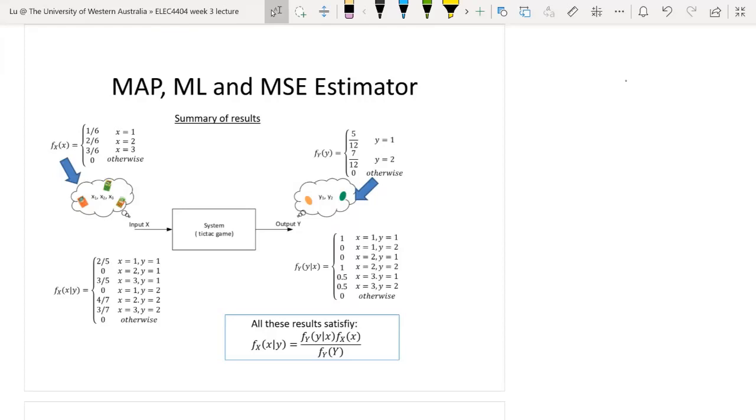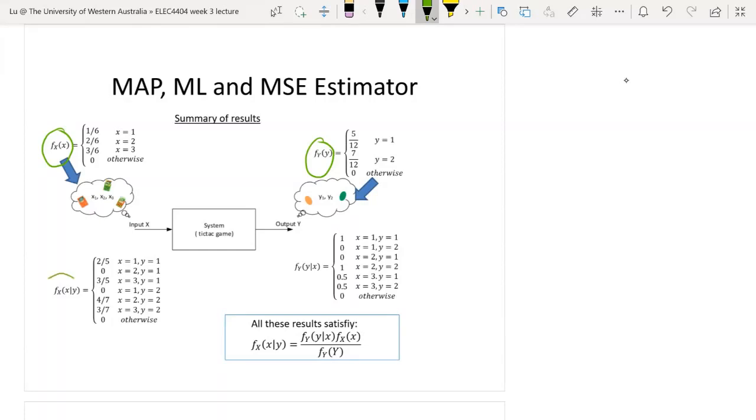So regarding X and Y, what we have already solved is the marginal PMF of X, marginal PMF of Y. Because regarding the two random variables in the system, I focus on the distribution of one random variable in these two cases. So they are actually the marginal PMF of X and Y.